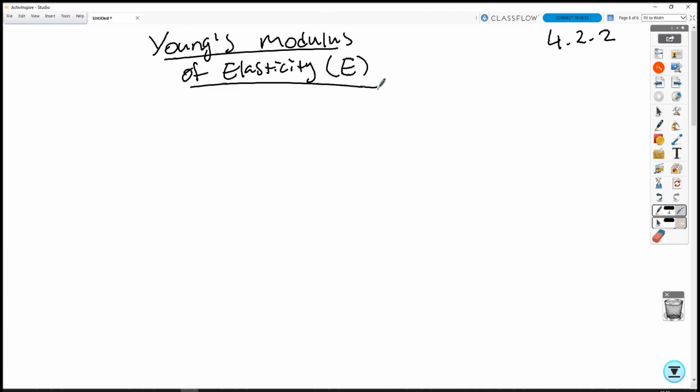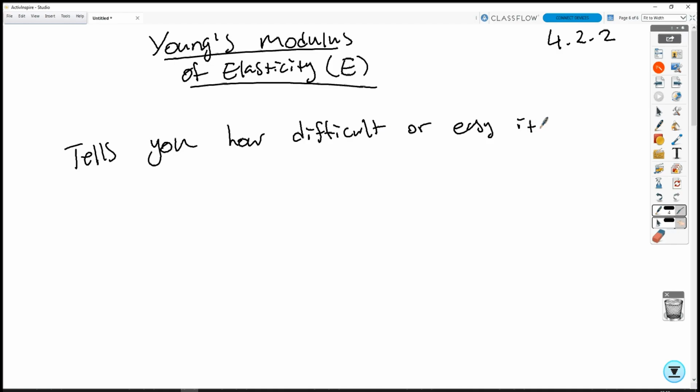And Young's modulus tells you how difficult or easy it is to stretch or compress a material.